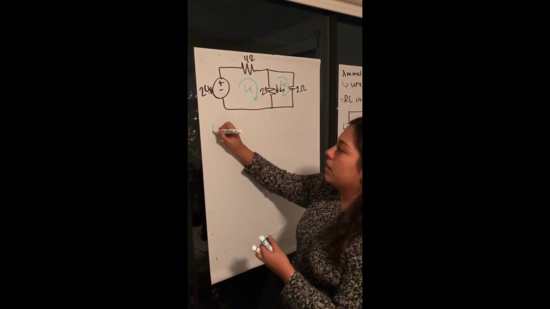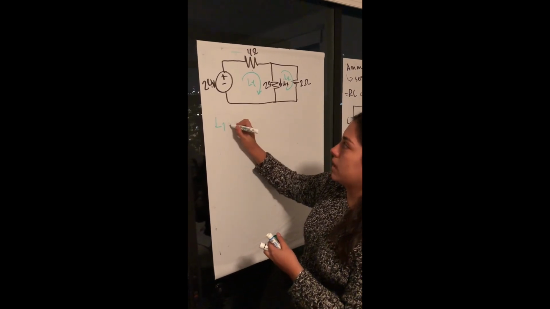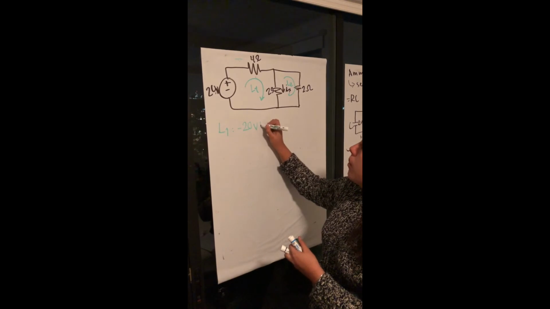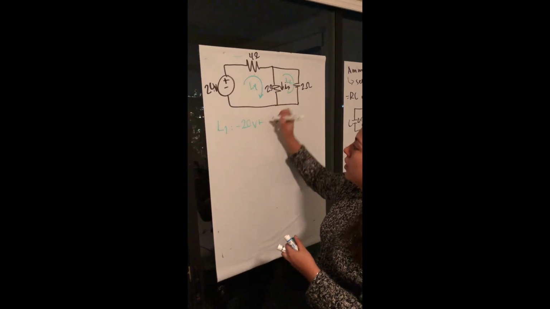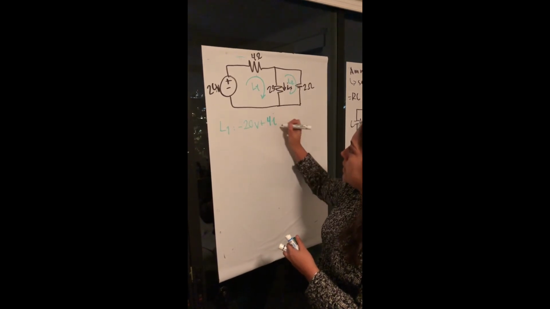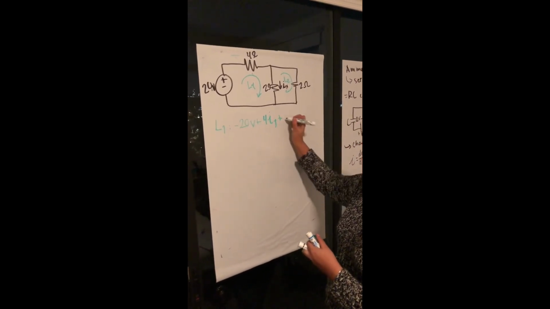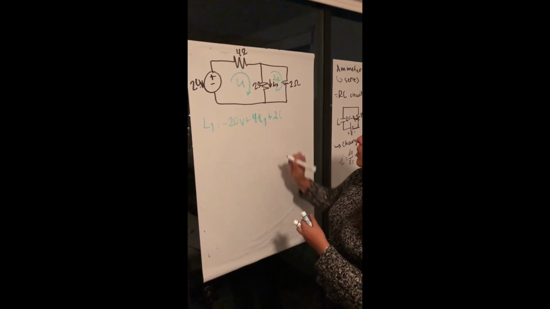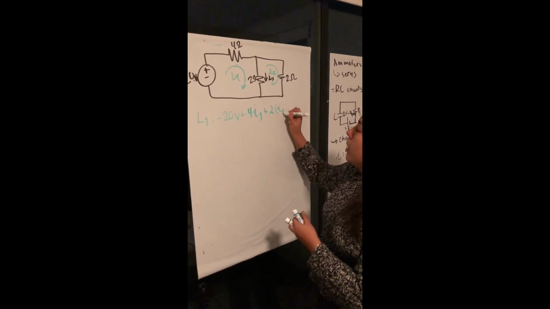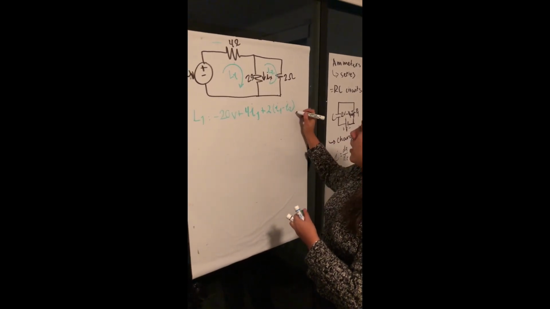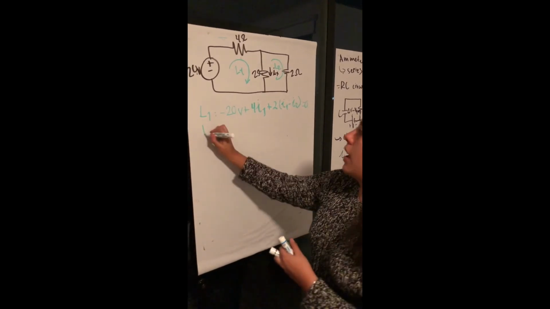So what is happening in loop 1 is that you have minus the voltage source plus what is happening in your 4 ohm resistor times the current that is flowing through it, plus 2, and as you can see you're sharing 2 currents, so it would be I1 minus I2, and that would be equal to 0.